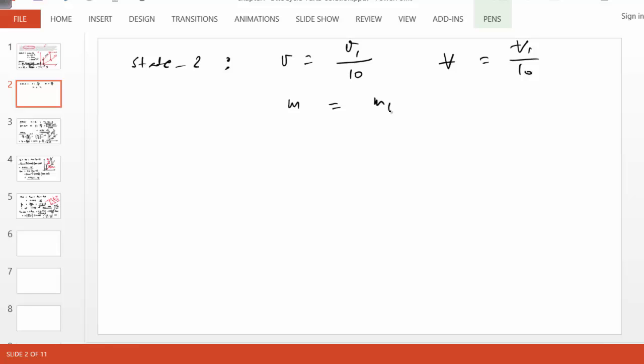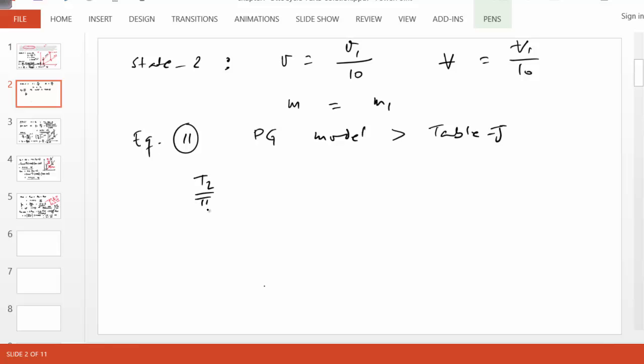So the relationship being isentropic, to find the temperature, we are going to use equation 11, the isentropic relationship from the PG model, which is in table J. If you go to the test, table J, or your textbook, it has the handout of all the different material models. So using equation 11, we can write T2 over T1 as V1 over V2 to the power k minus 1.